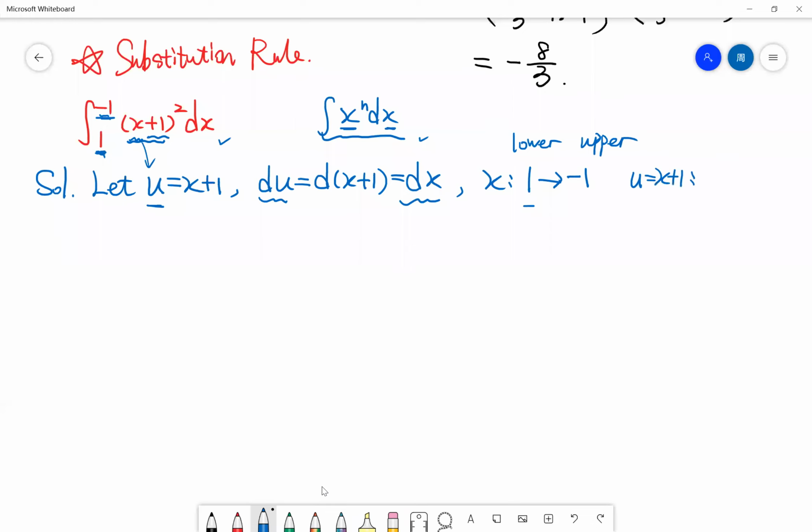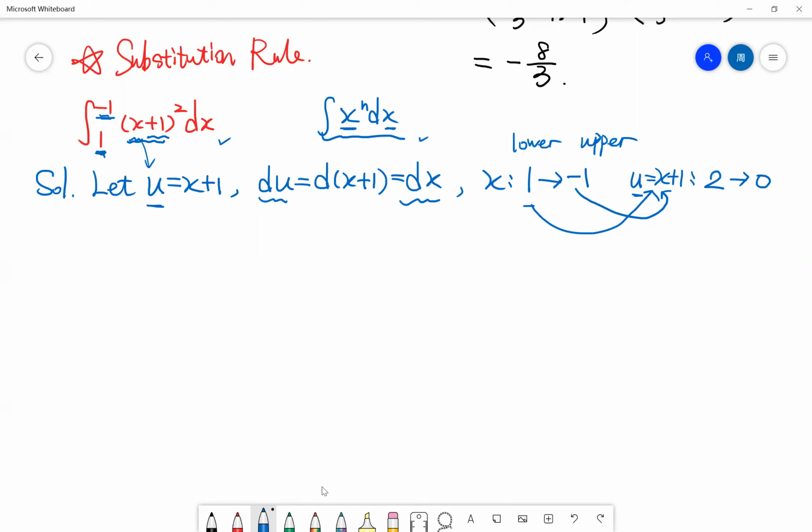So that means for the lower limit of u, we substitute 1 here. So the lower limit for u is 2. And for the upper limit of u, we substitute -1 here. So that is 0.